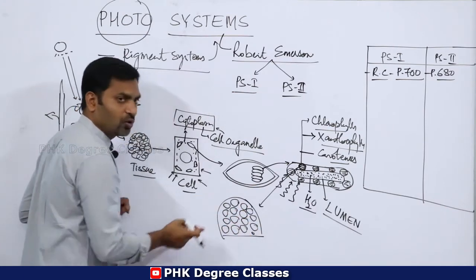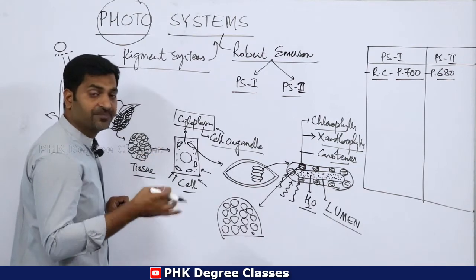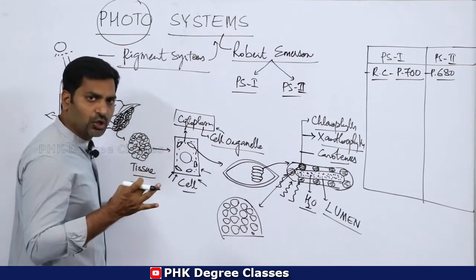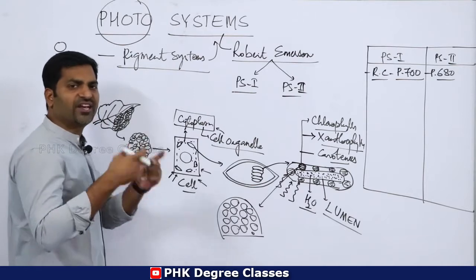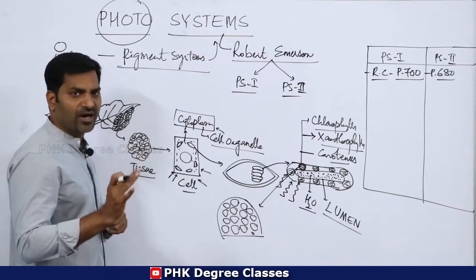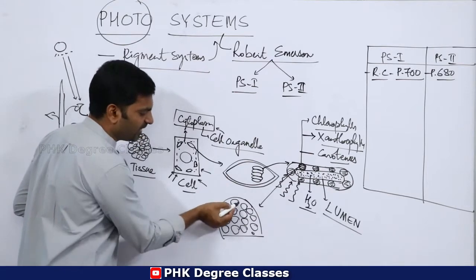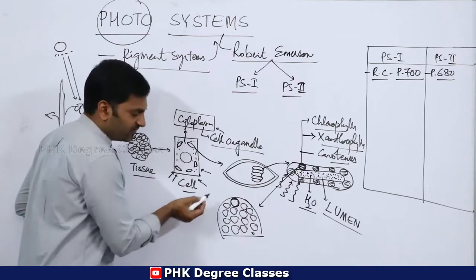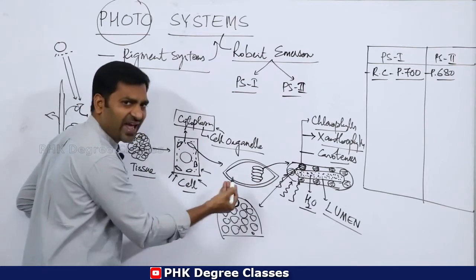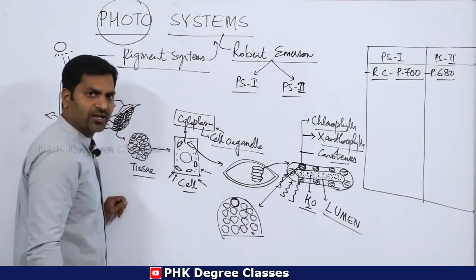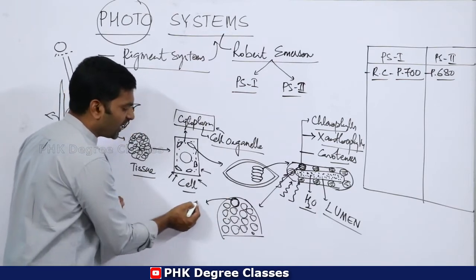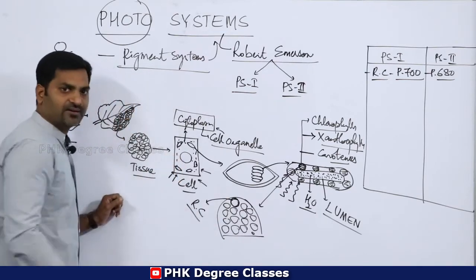Apart from all the chlorophylls, carotenes and xanthophylls, one of the chlorophyll molecules is very active when compared to other chlorophyll molecules. For your understanding, I am quoting this particular chlorophyll molecule. This chlorophyll molecule is very active when compared to other chlorophyll molecules. So this can be called the reaction center.